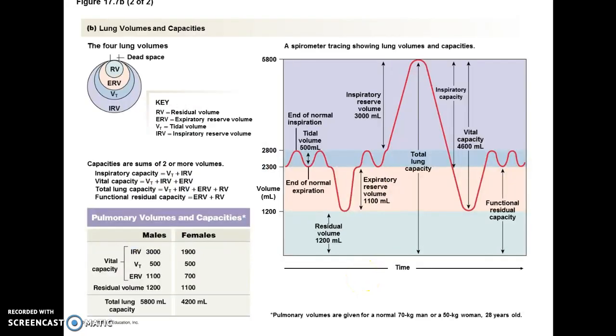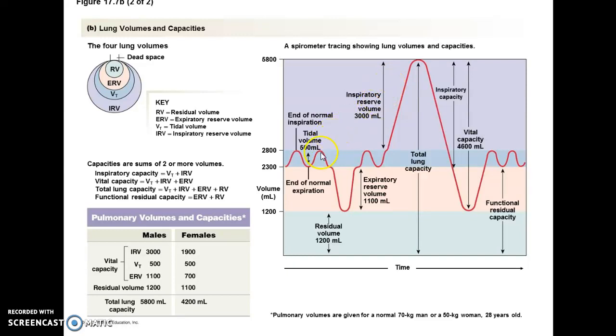We have different volumes of air that we want to worry about, like tidal volume, which is normal respirations. Then we have inspiratory reserve volume and expiratory reserve volume, which are used when we're really straining to breathe, like when we're exercising or hyperventilating.